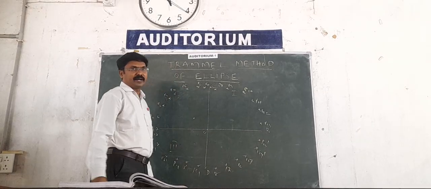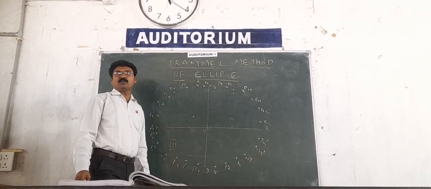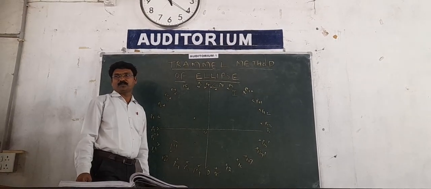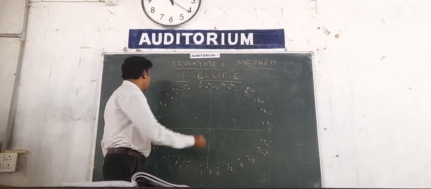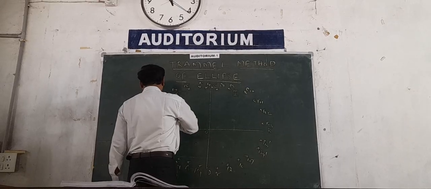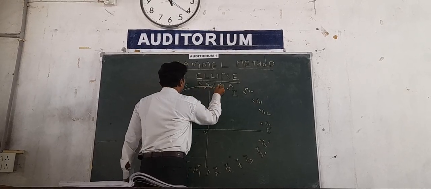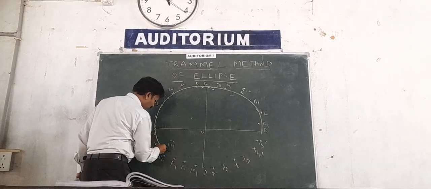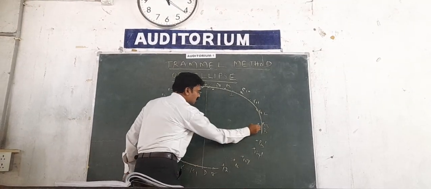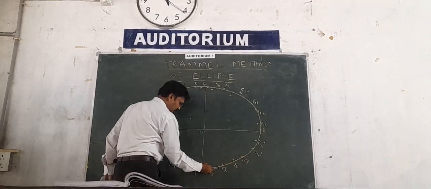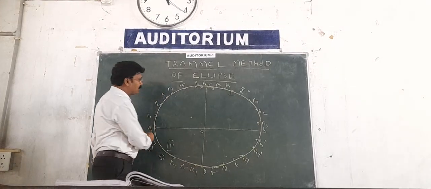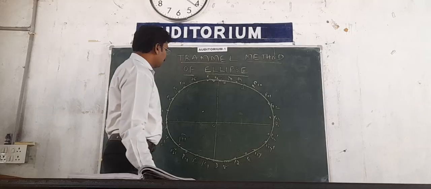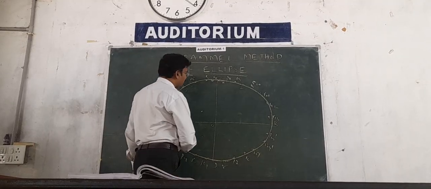So many points you will get, then the curve will be very neat and clean. Now join all the points from A. The Fresnel method of ellipse is constructed. Okay? This is the Fresnel method of ellipse.